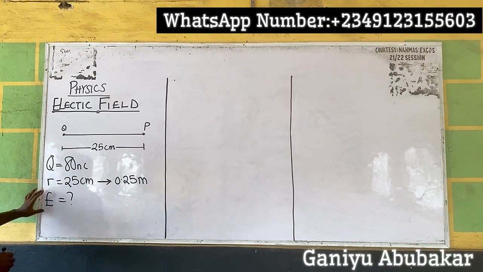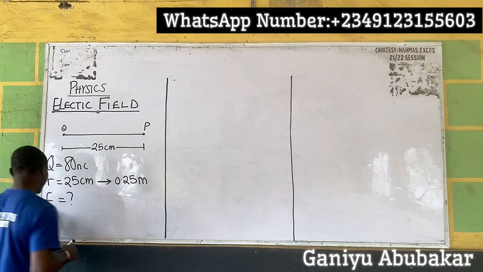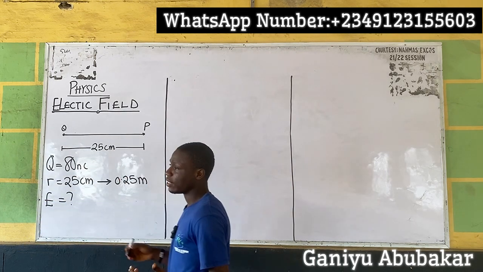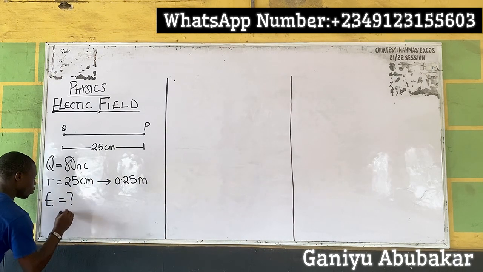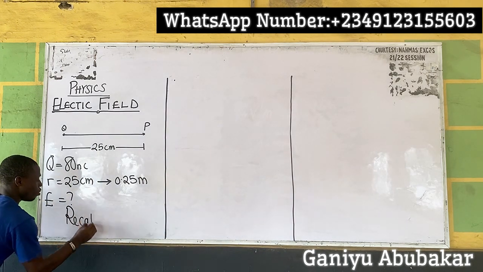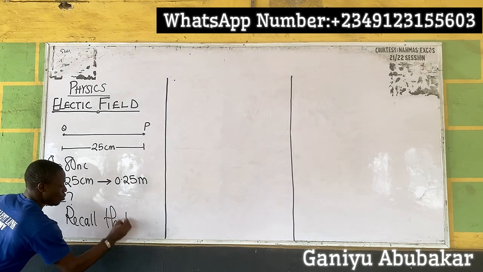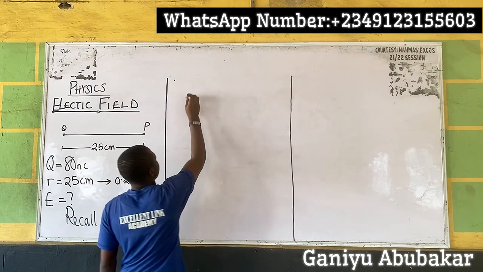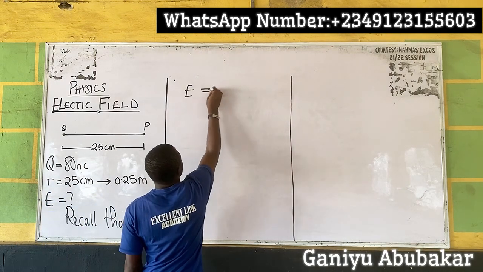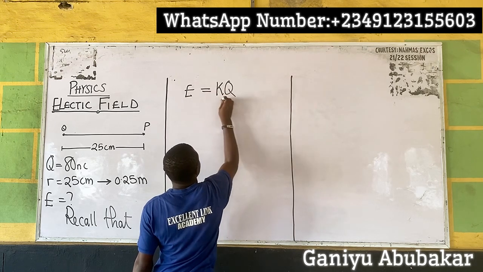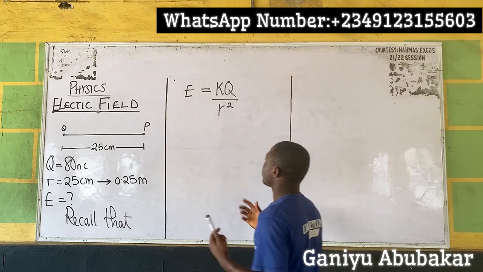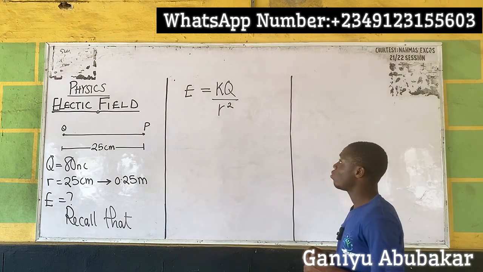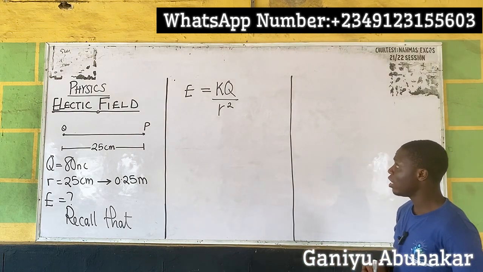Next task is to get E. We said E has several formulas, but the best one I can use here, recall that we established earlier, is that capital E is equal to KQ all over R squared.